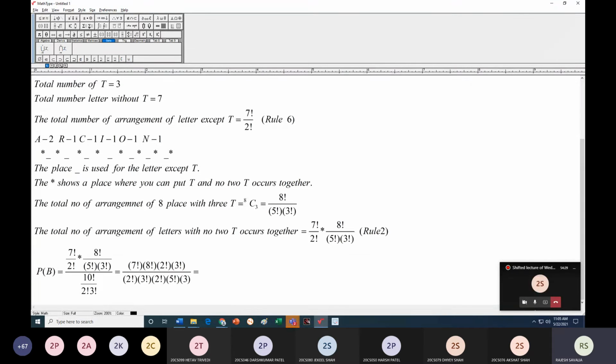Now one by one we are going to simplify the expression. First of all, let us cancel 2 factorial and 3 factorial.